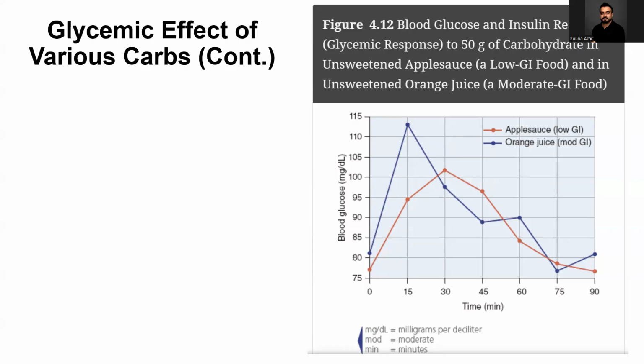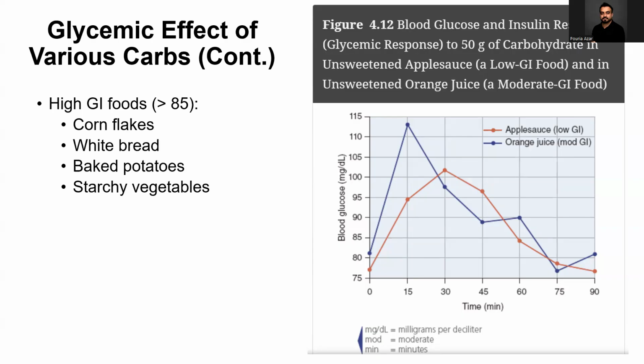After eating applesauce, the blood glucose level increases, but it's lower compared to the increase induced by orange juice. So we can conclude based on this graph that applesauce is a low glycemic index food, and orange juice is a moderate glycemic index food.